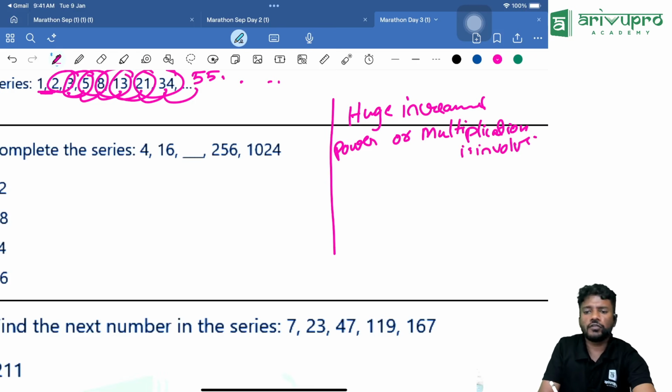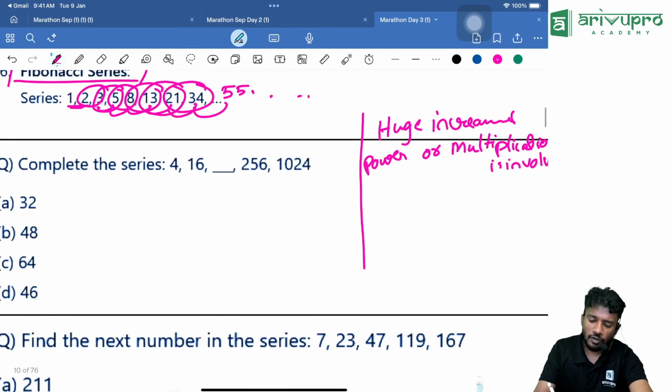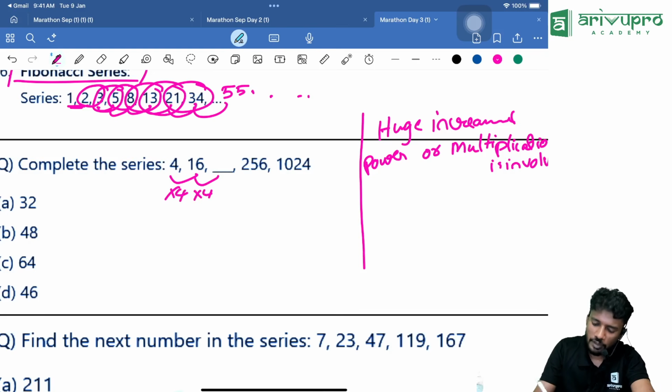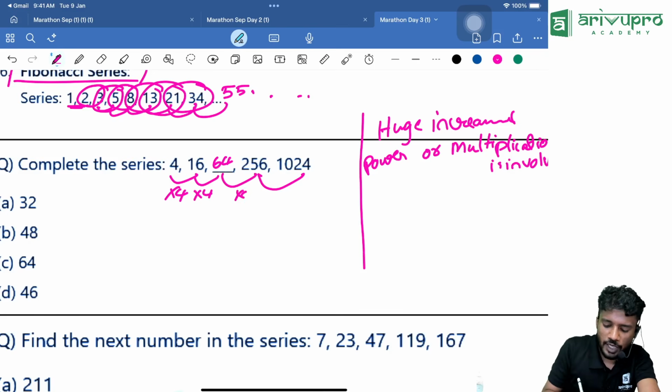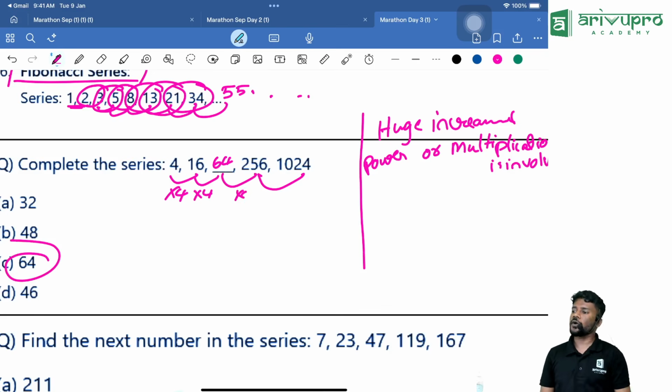Yes. So 4. Next number is what? 4 into 4, that is 16. 16 into 4 is 64. 64 into 4 is 256. So the answer is 64. Here product is involved.